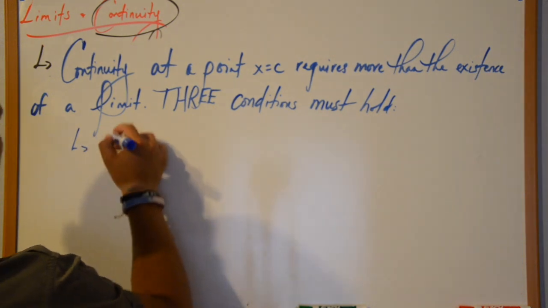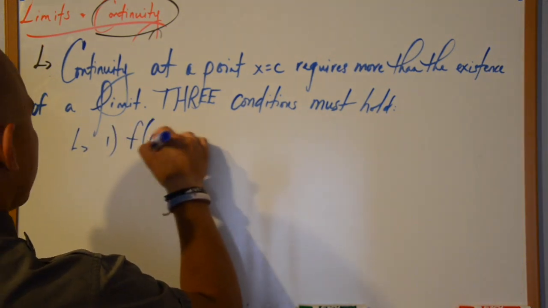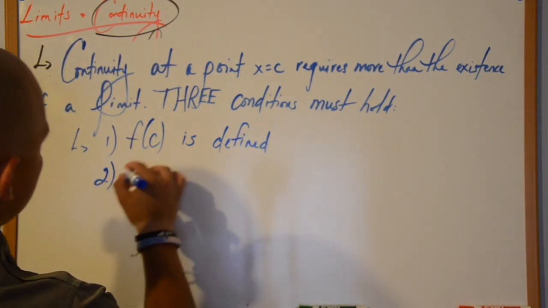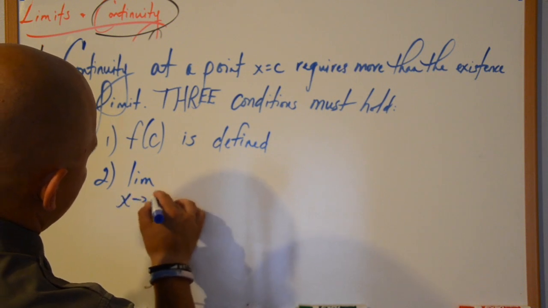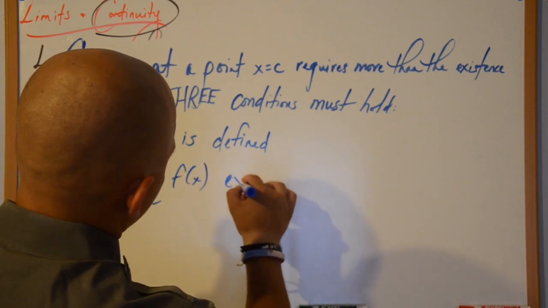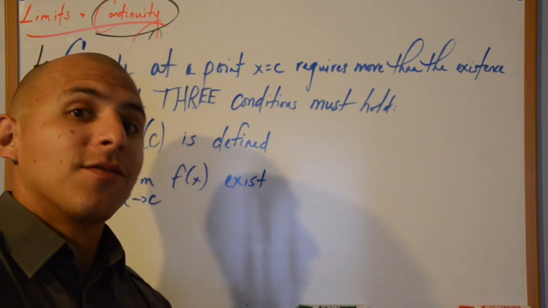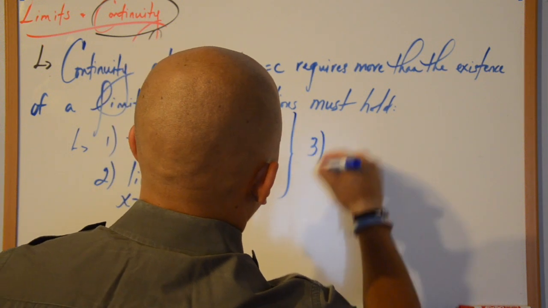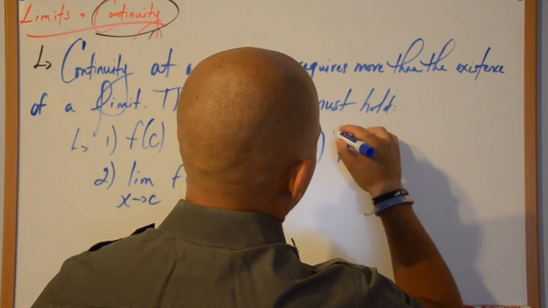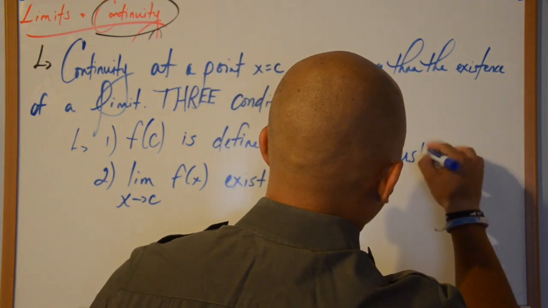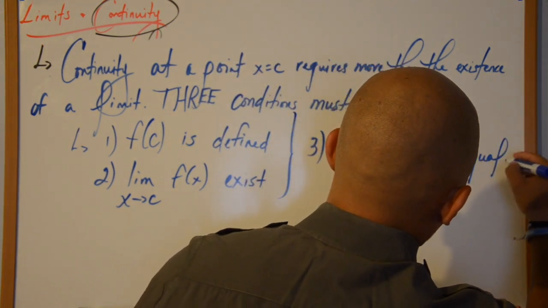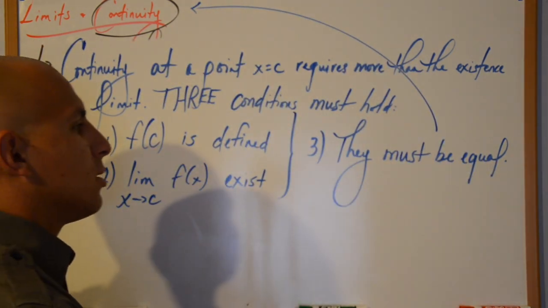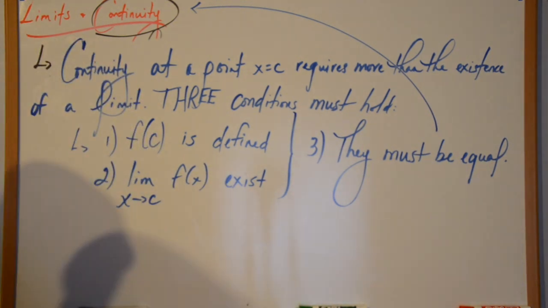Condition 1: f of c must be defined. Condition 2: the limit as x approaches c of f of x must exist. And condition 3: they must be equal in order for us to say that this function is continuous.